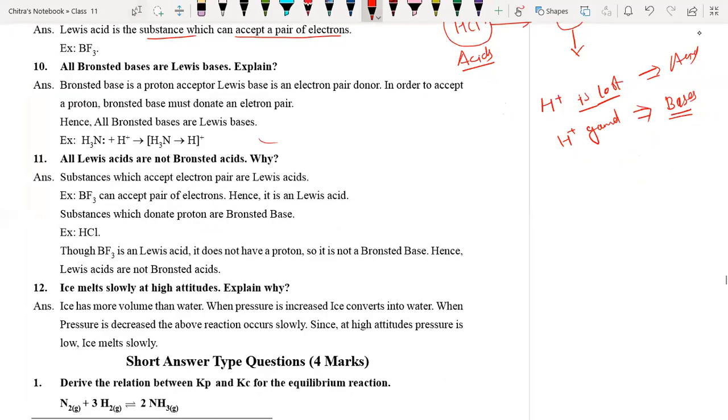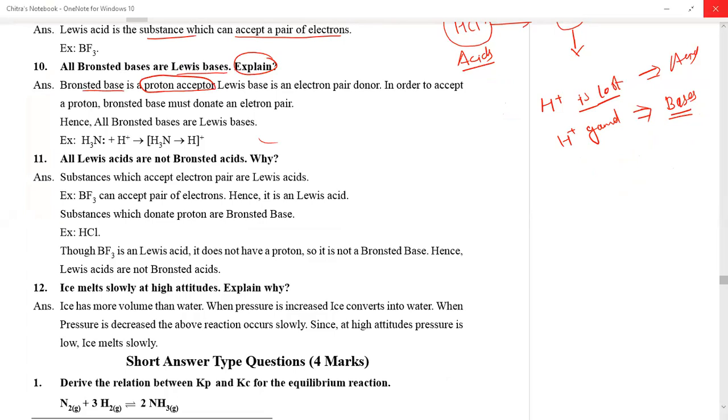Here we have a very small concept that you have to remember, beta. All the Bronsted bases are Lewis bases. We have to explain that. See, Bronsted base means proton acceptor. Just remember, bases are proton acceptors and acids are proton donors. We already went through that. Is it or not?